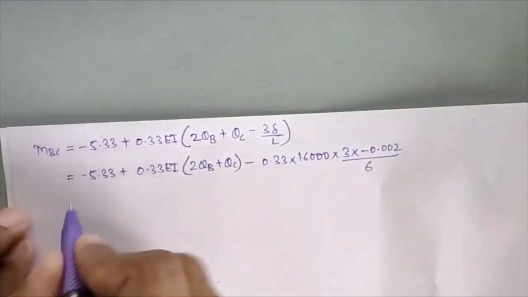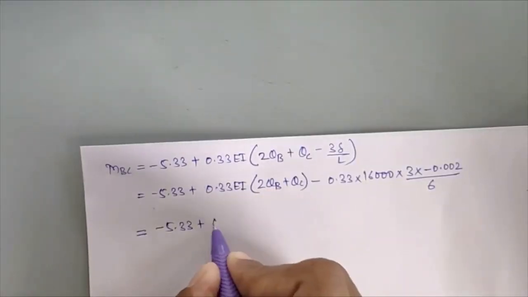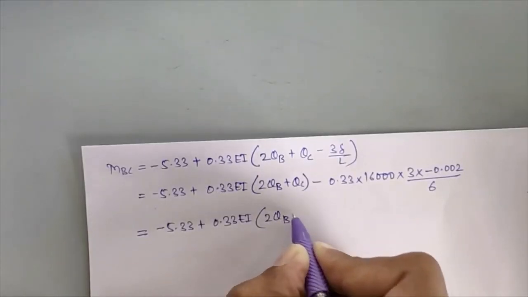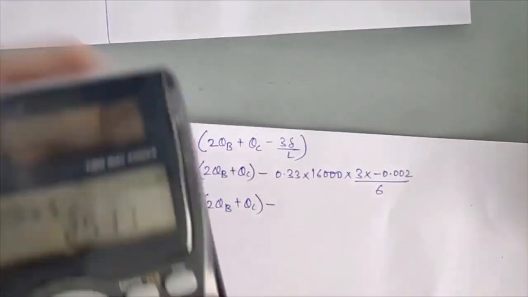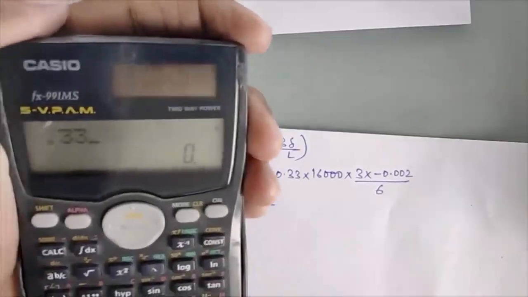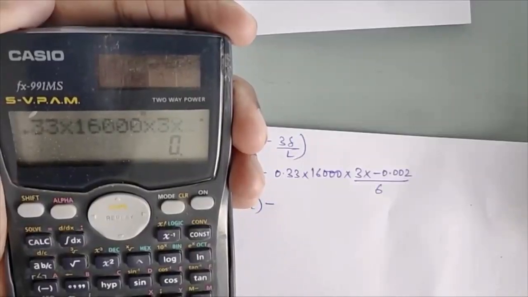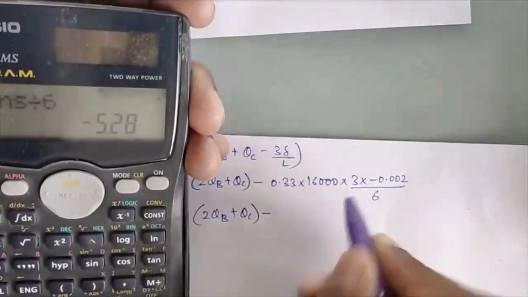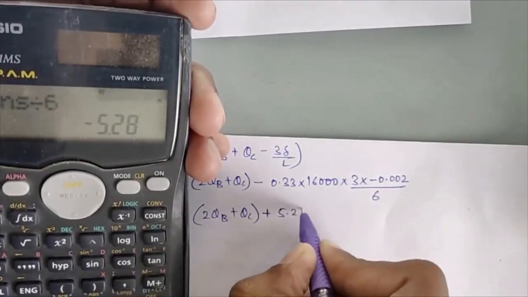Okay, so simplifying this, I get minus 5.33 plus 0.33 times EI into bracket 2 theta b plus theta c minus, I'll solve for this term over there, that is 0.33 into 16,000 into 3 into minus 0.002 divided by 6, so I get this as minus 5.28, so that minus and this minus will become plus 5.28.